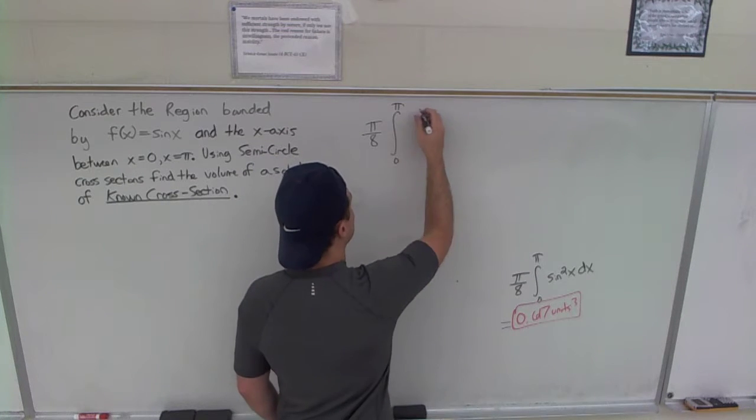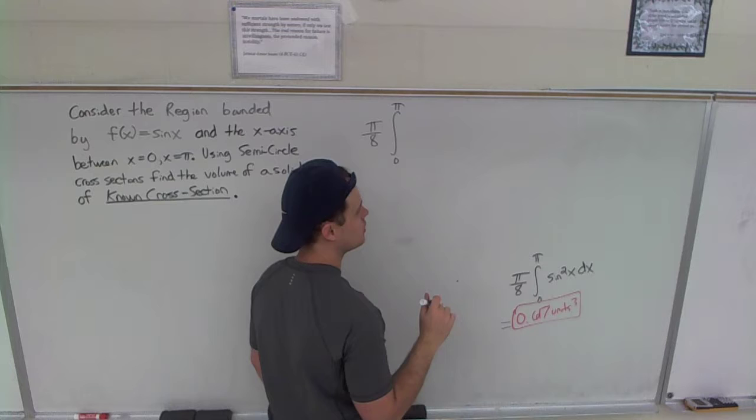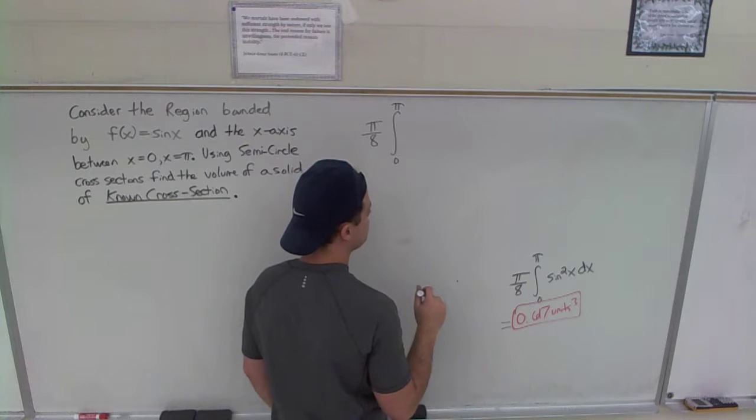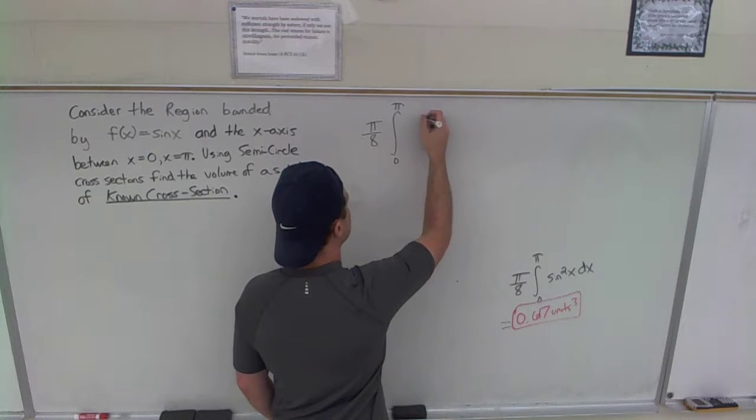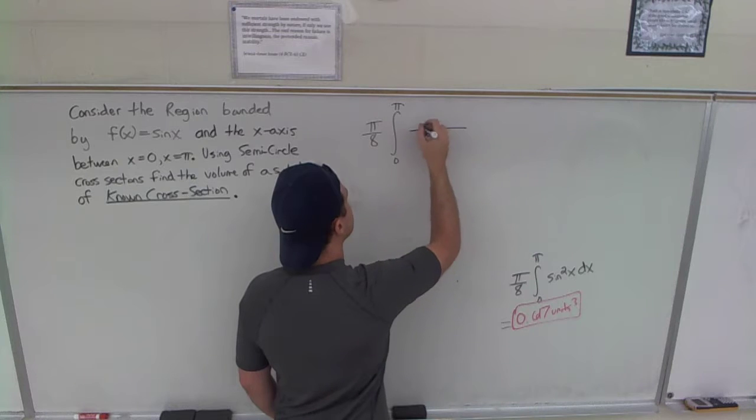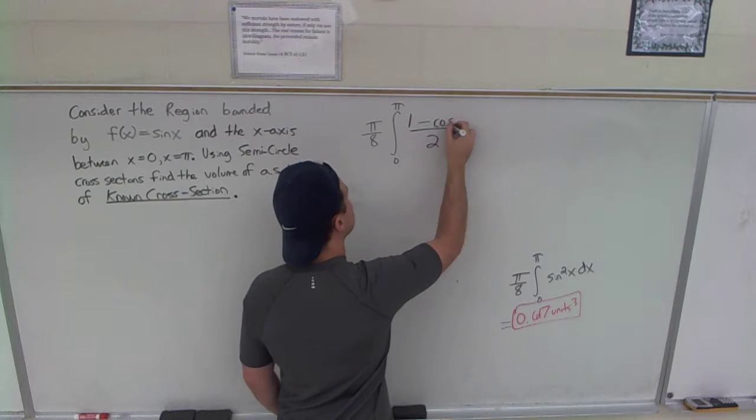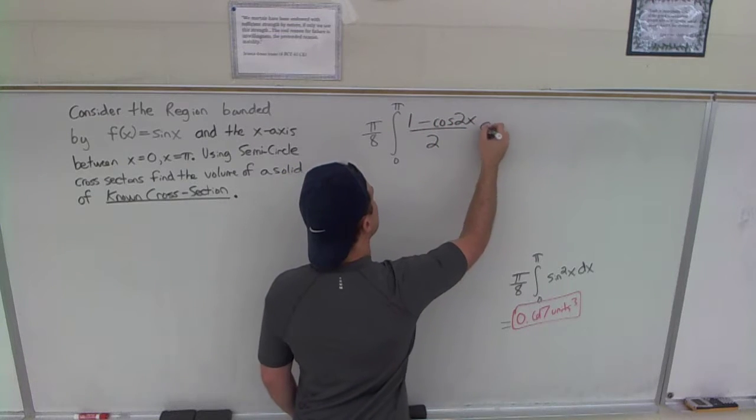So let's see, I think we use a half angle identity. The sine squared of x is actually also equal to something over 2. I believe it's 1 minus the cosine of double x over 2.